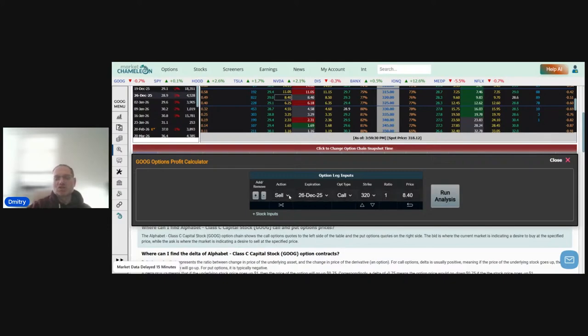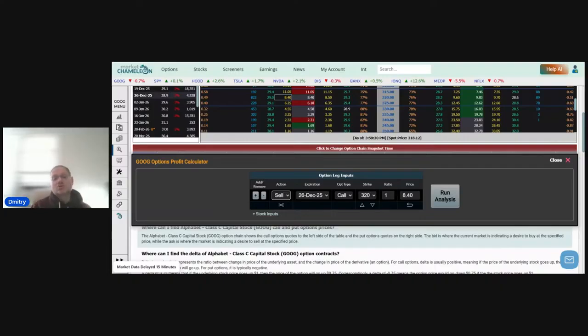Now we could change these in here if we wanted to, but it just defaults that way for us, and you could change it manually. But we're going to keep that. So that's the observed bid at this time, 840.